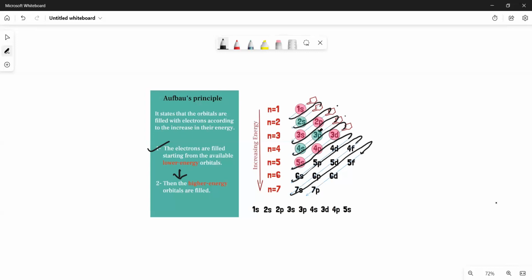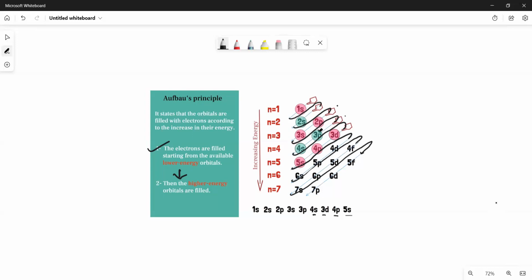This is the way people fill up the electrons: 1s, then 2s, then 2p, then 3s, then 3p, then 4s, then 3d, then 4p, then 5s, not 4d first. So this is the general rule because energy is increasing in this way.